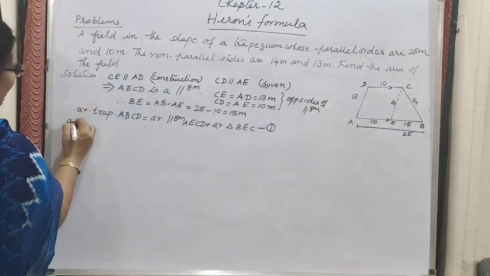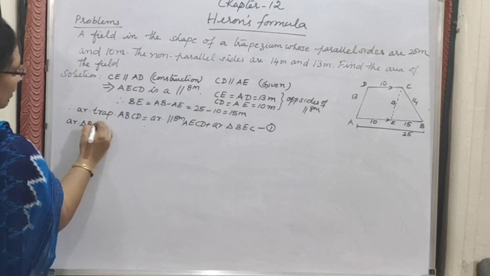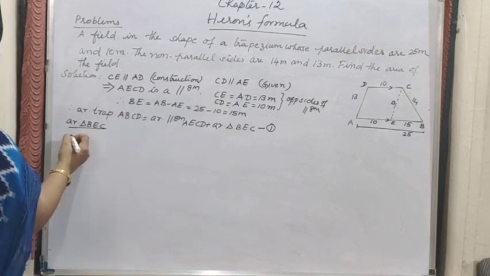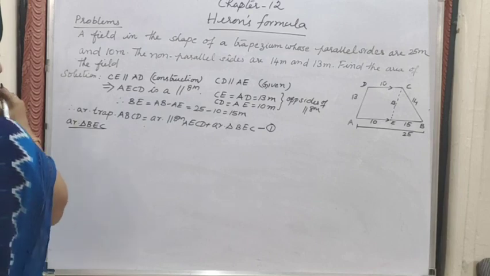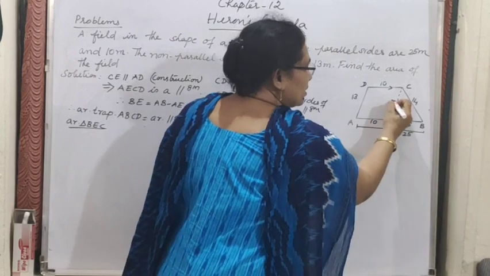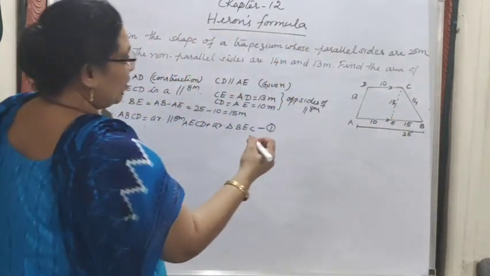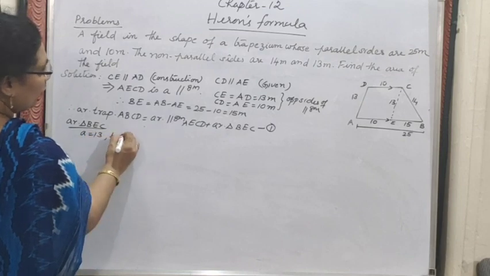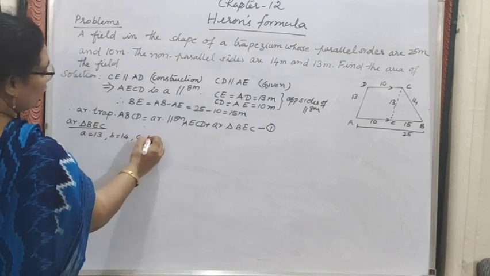Now, I'll write the heading, area of the triangle BEC. Okay, tell me the sides now. That is BC equal to 13. It is 13 only. I'll write once again. So we will write a equal to 13, b equal to 14, c equal to 15.